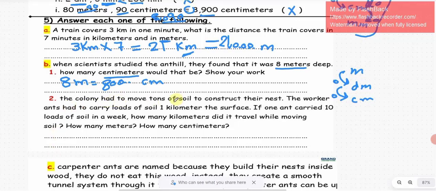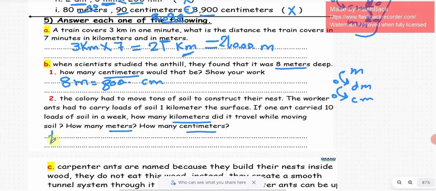The colony had to move tons of soil to construct their nest. The worker ants had to carry loads of soil 1 kilometer to the surface. If one ant carried 10 loads of soil in a week, how many kilometers, underline kilometers, did it travel while moving soil? How many meters, and how many centimeters, underline each one of them. I want my answer in kilometers, meters, and centimeters.